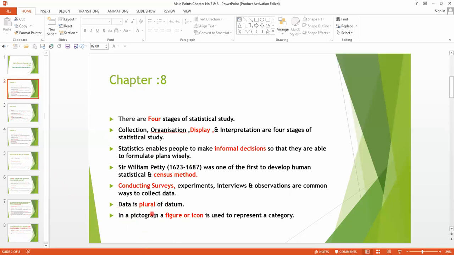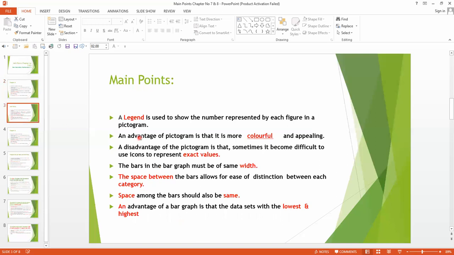Next, in a pictogram, a figure or icon is used to represent a category. A legend is used to show the number represented by each figure in a pictogram. This means you have to draw a key, and according to the key, suppose a bat is drawn, this means 30 students like to play cricket.